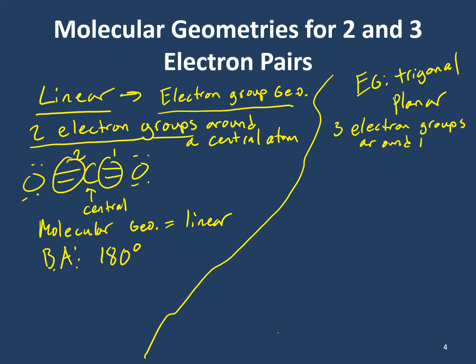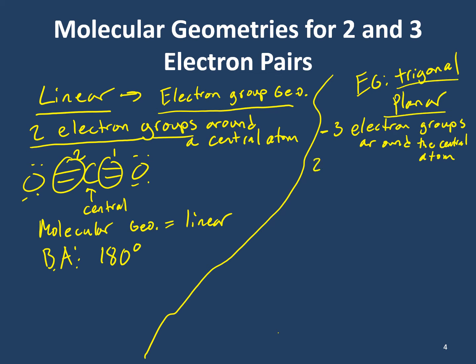This "around the central atom" is always going to be there, so I'm probably going to stop writing it after this. But that's the big deal here, we have to have at least 3 groups of electrons around the central atom in order for our electron group geometry to be trigonal planar.